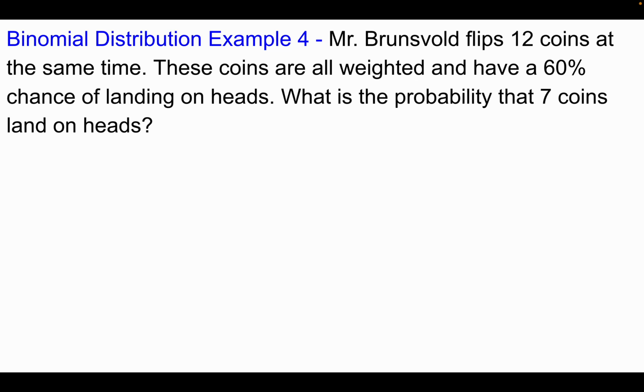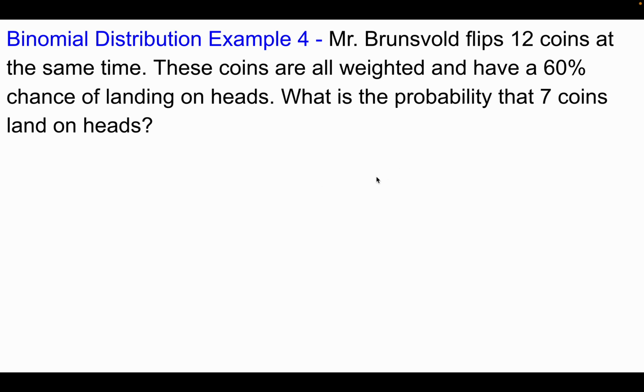So the other reason why you don't want to draw out a probability tree is even if you spent all the time doing it, not all the options on the tree have the same probability of success, right? Because the options where you get more heads are going to have a greater probability of success than the ones where you get more tails. What is the probability that 7 coins land on heads?